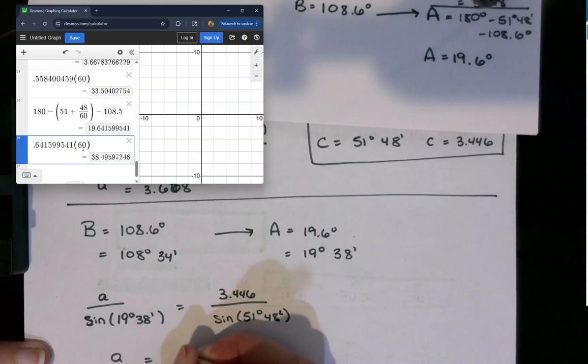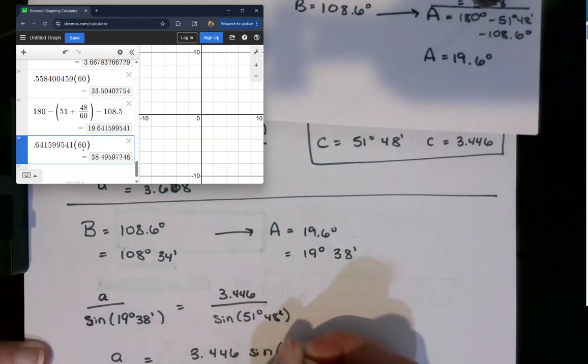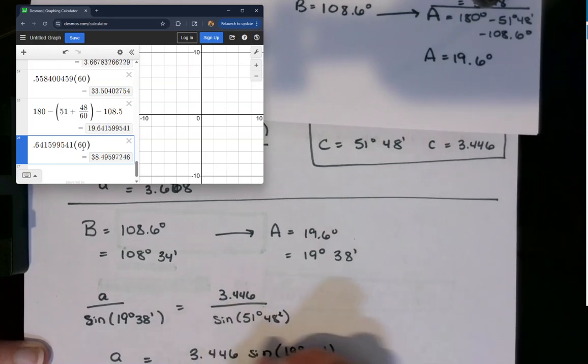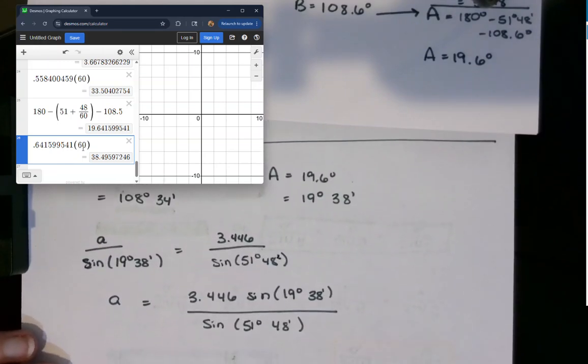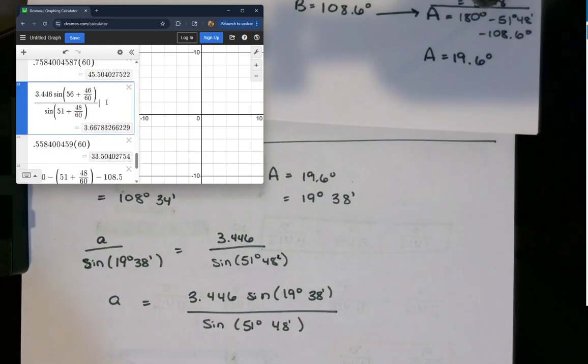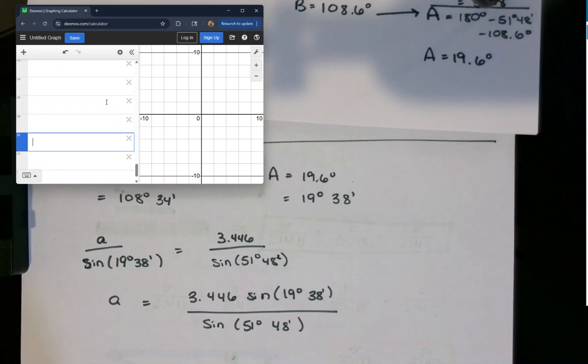So A is equal to 3.446 times the sine of 19 degrees, 38 minutes, over the sine of 51 degrees, 48 minutes. Okay, we have something like that typed here. So let me copy that just to save us some time.